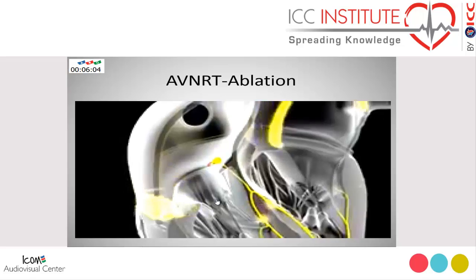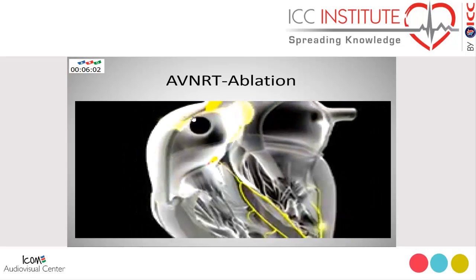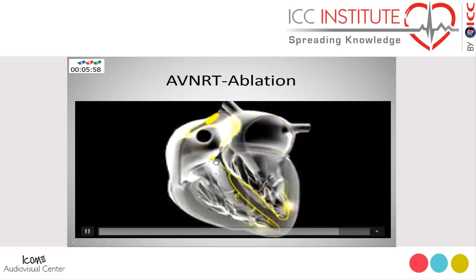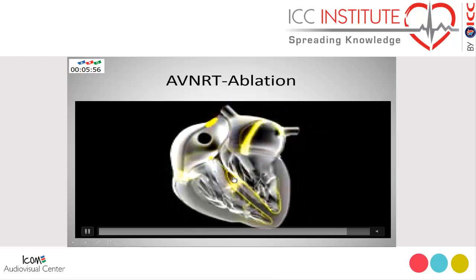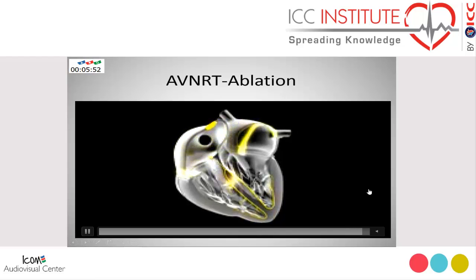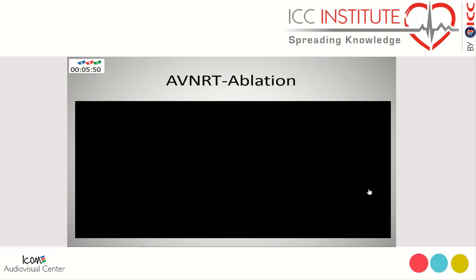So now we don't have the tachycardia, and we have normal activation from the SA node, both atria, through the fast pathway only into the His bundle branches, and the ventricle. So now we transform this patient from a patient who has dual AV nodal pathways into one of our normal population with only the fast pathway.